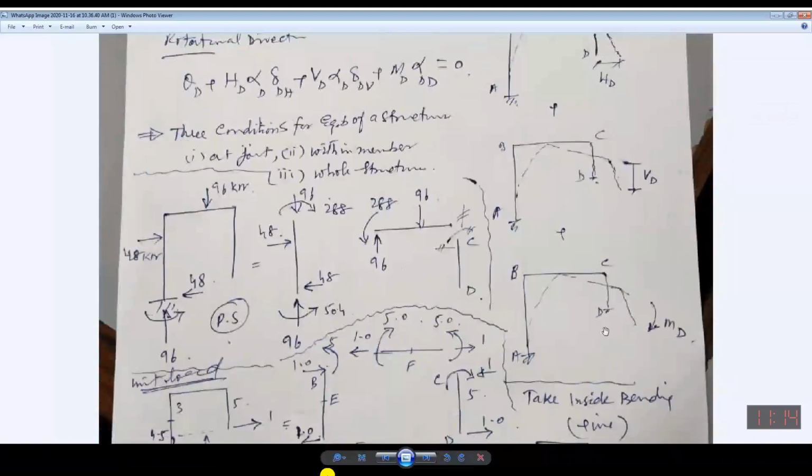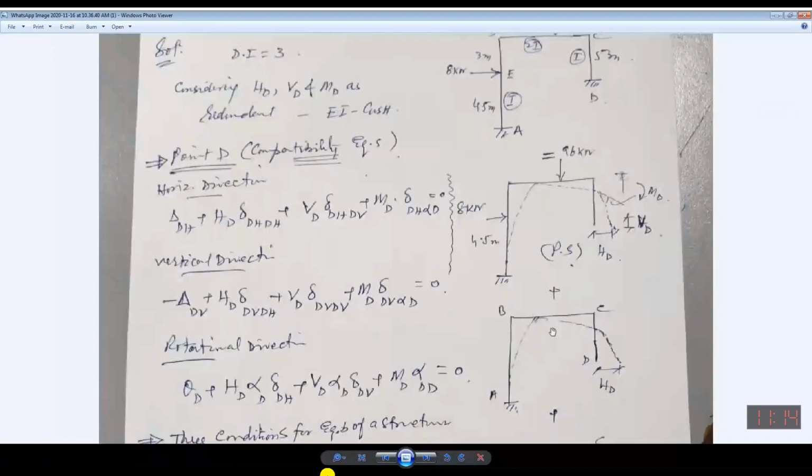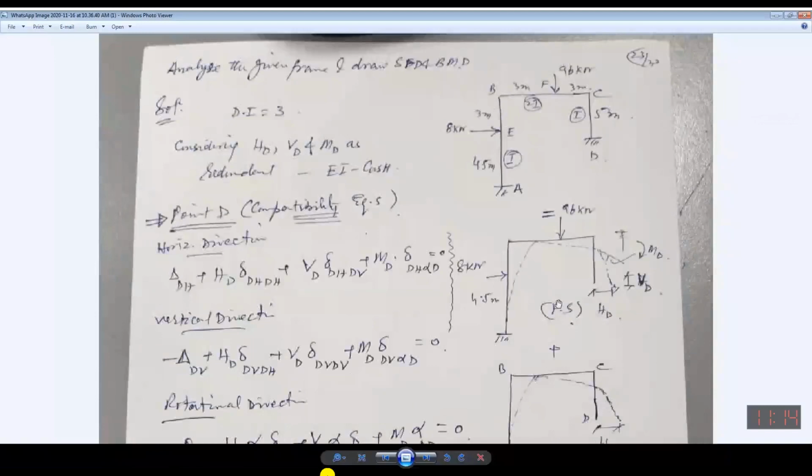So this plus this plus this plus this all will result in the actual structure. So under the concept of law of superposition, this can be broken into different structures.